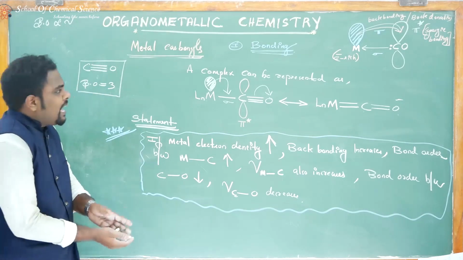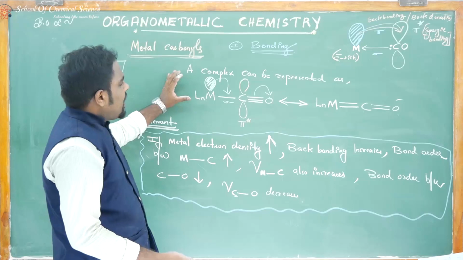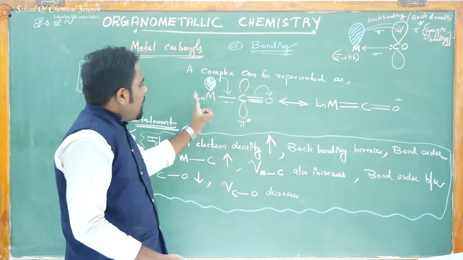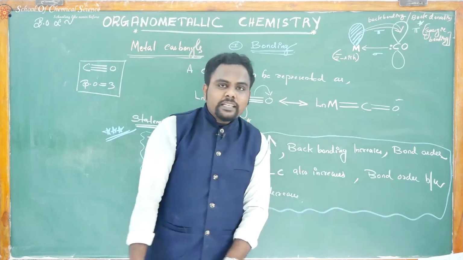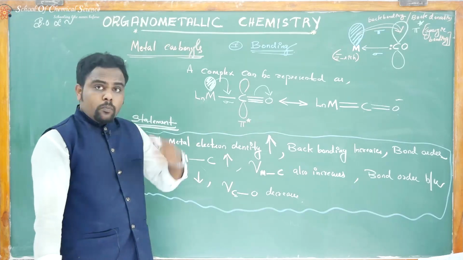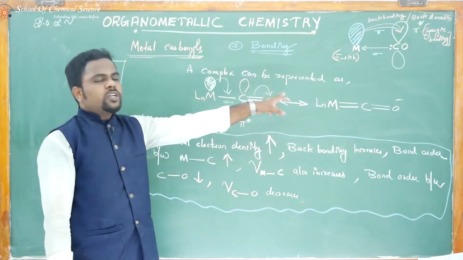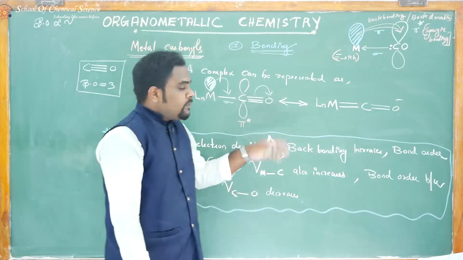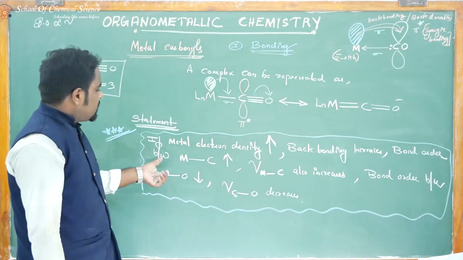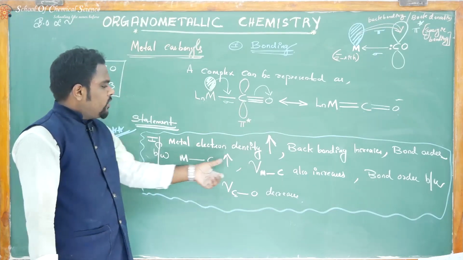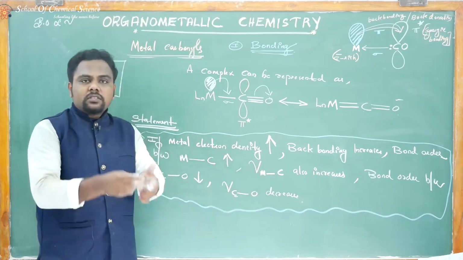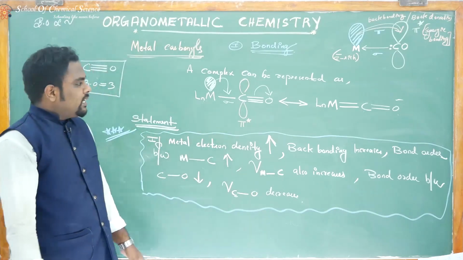So what happens as a result of back bonding? The metal carbon bond order increases from single bond to double bond. When bond order increases, the metal carbon stretching frequency increases, meaning the energy required to stretch the bond increases.